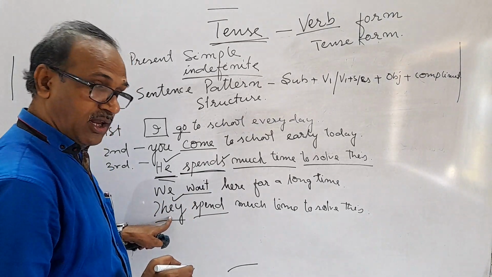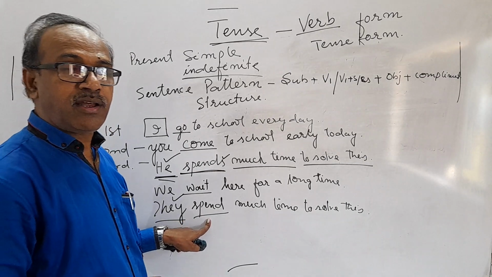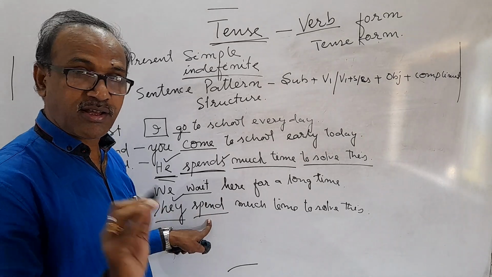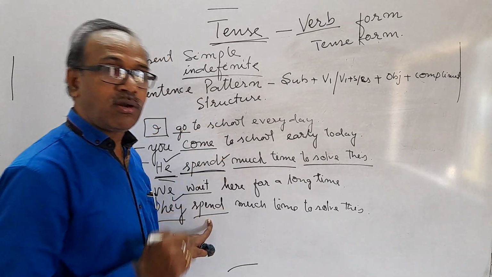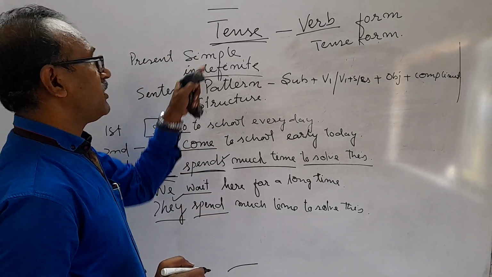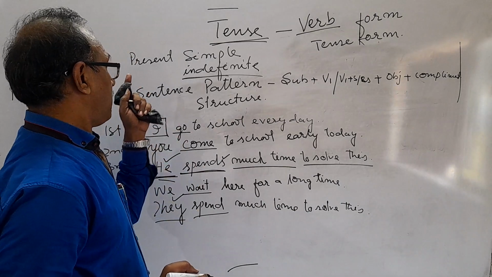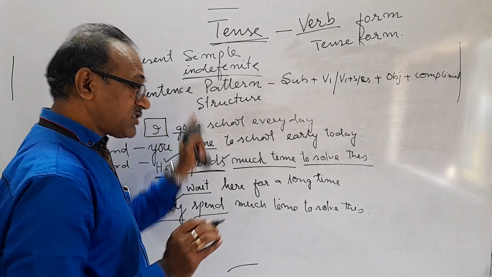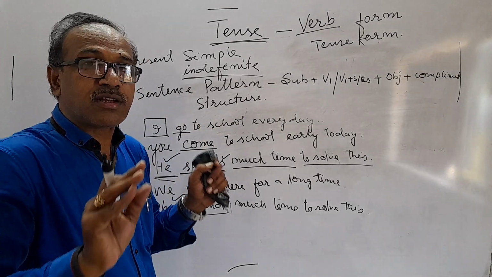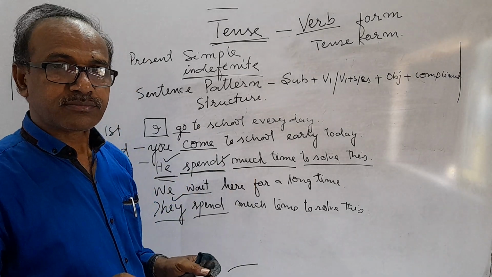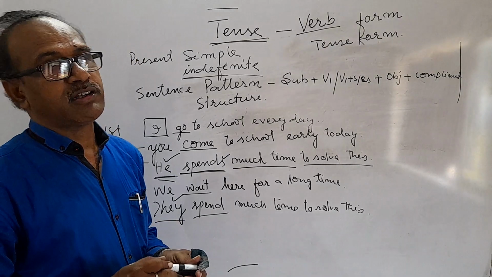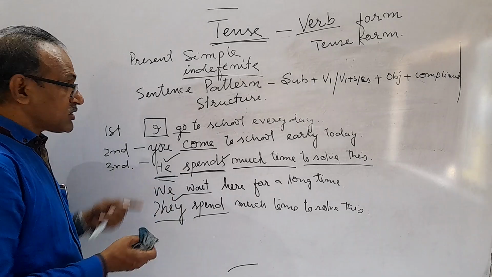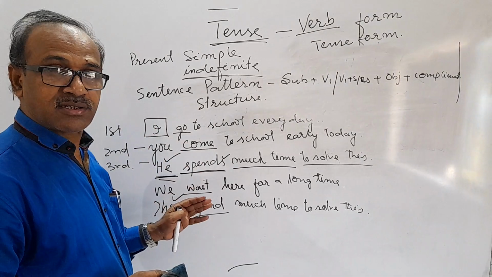So in this plural, we use only verb 1 without S or ES. Okay, so this is the rule we should follow when we write any present simple sentence. And this is the rule we have to always remember to follow, while writing or speaking. Clear?